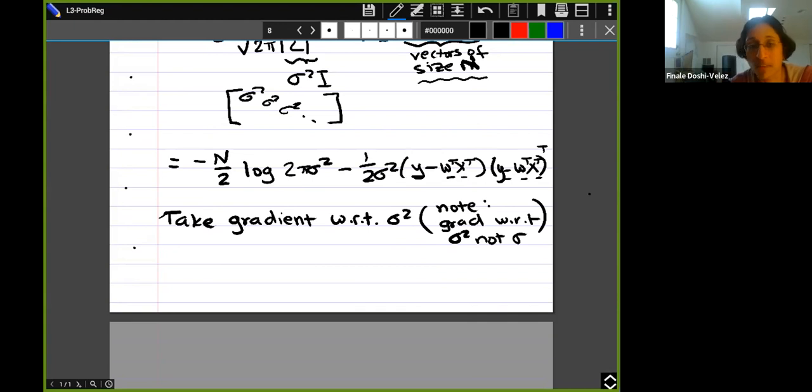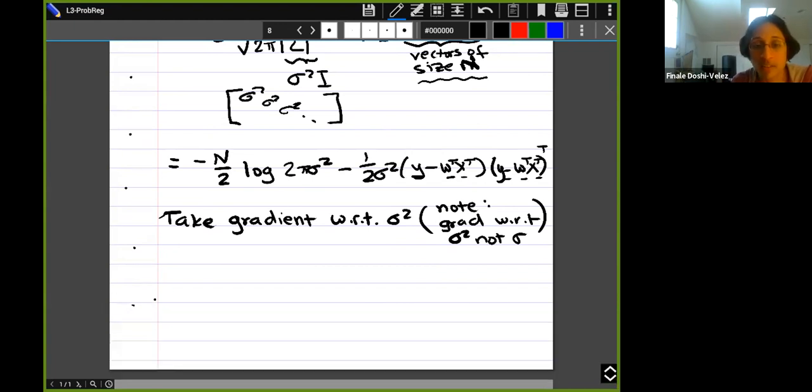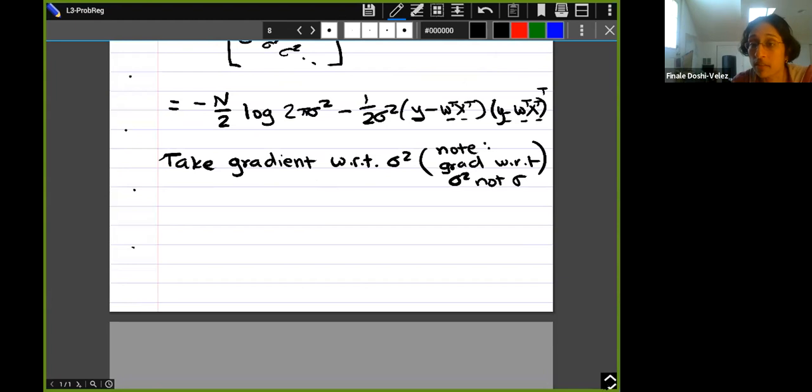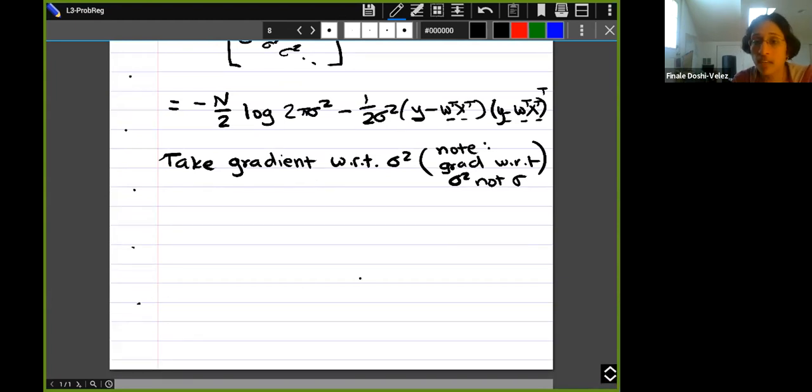That's just going to make my life more complicated. At the end of the day, I'll just get an expression for the variance rather than the standard deviation, and that's totally fine. All right, so if we take the derivative with respect to sigma squared, we will get the following expression. I'm just going to, again, write it down, and then we can talk through it.